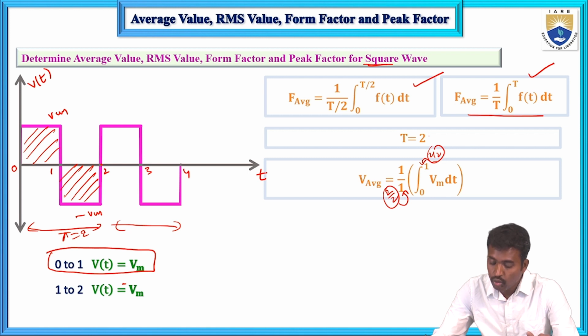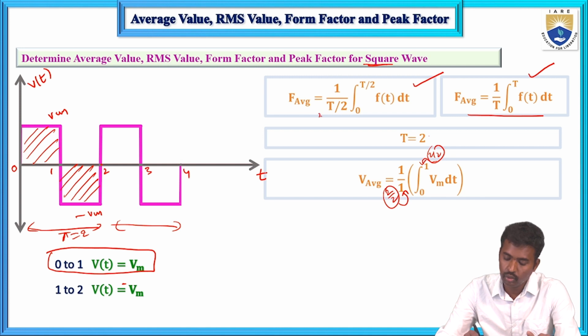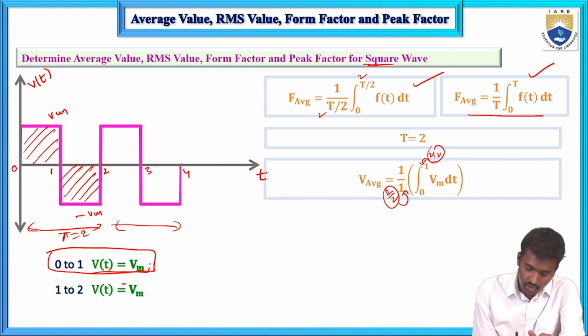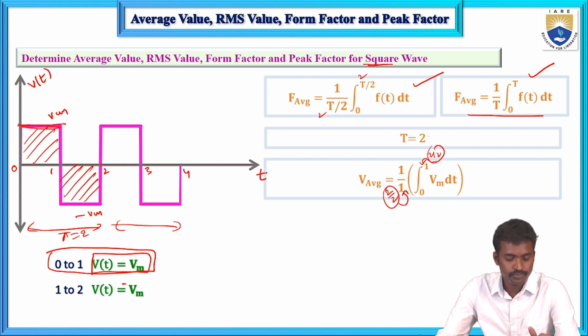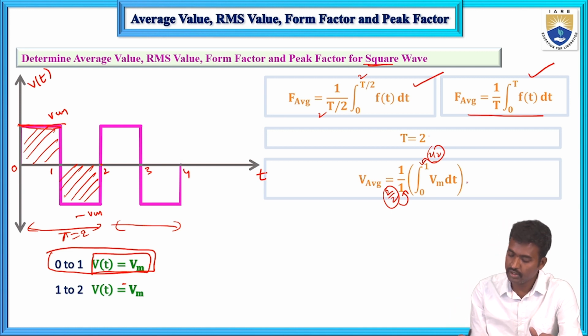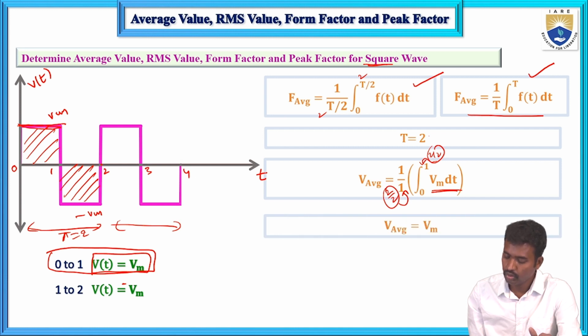Now V average equals 1 by T by 2, with T equal to 2, and f of t equals Vm only. Up to here it is a straight line parallel to the time axis, that is Vm only. So the average value equals Vm.